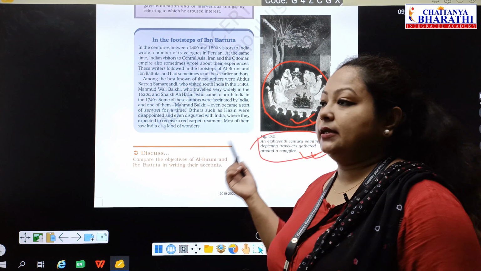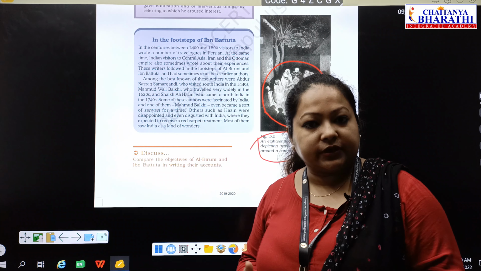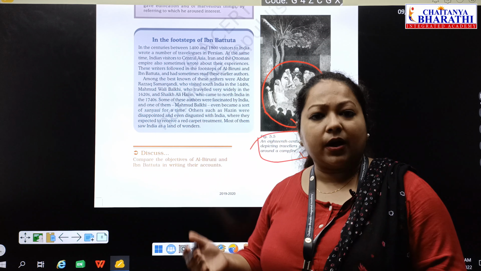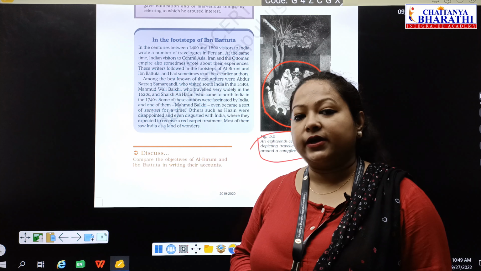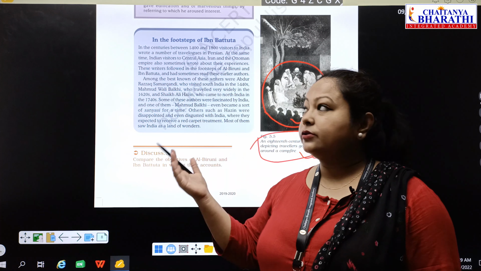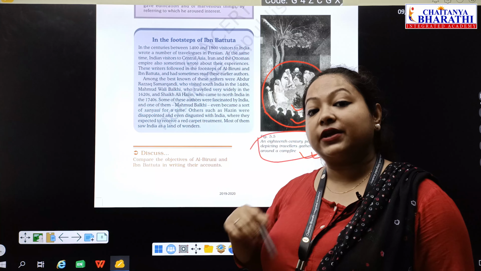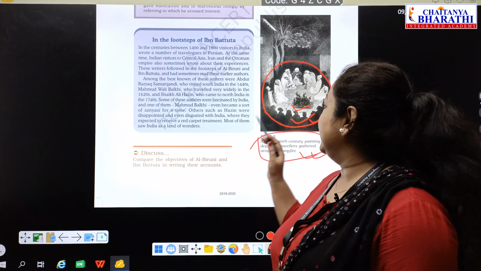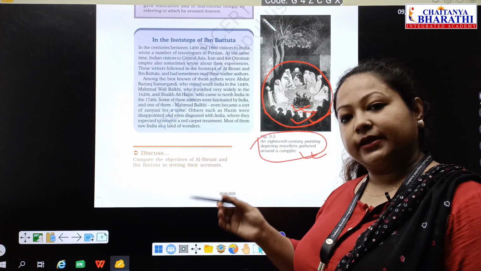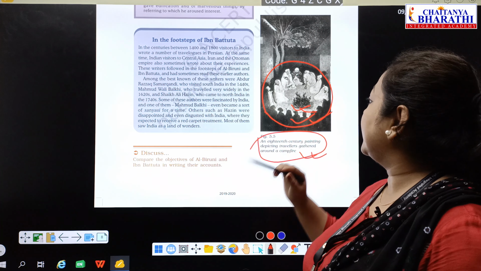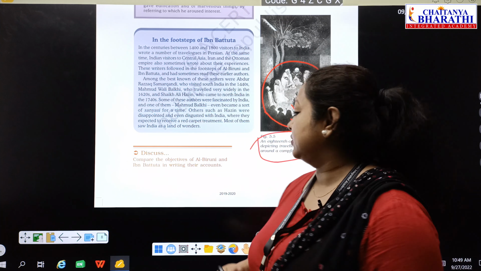At that time there was no proper transportation. They had to walk long distances, maybe through forests, or take a ship in the waters. So here we see maybe peddlers who travel through the forests, and when they are tired, they gather together in a place, have this campfire, and maybe have a good discussion also.